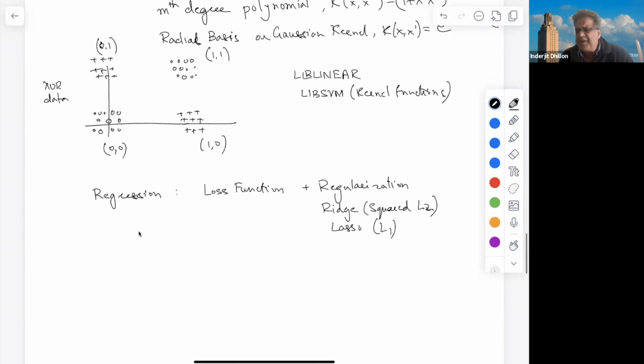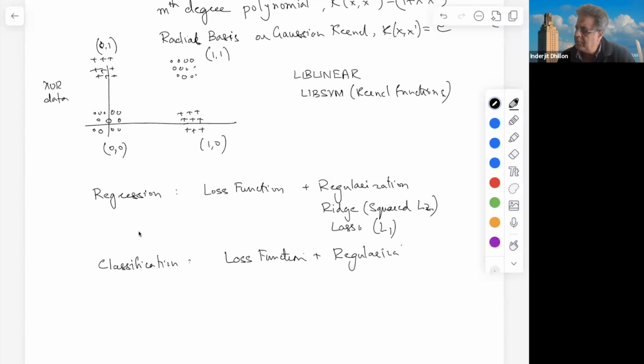Okay, and then we talked a little bit about Lasso. In classification, we have taken a different approach. We talked about logistic regression, we talked about SVM. It's not clear that it actually has this structure, but it turns out it does. If you look closely, then classification can also be written as loss function plus regularization. And the regularization again can be L2, L1.